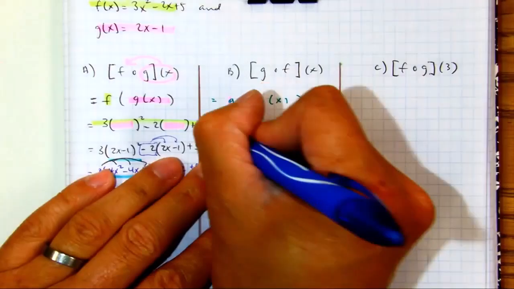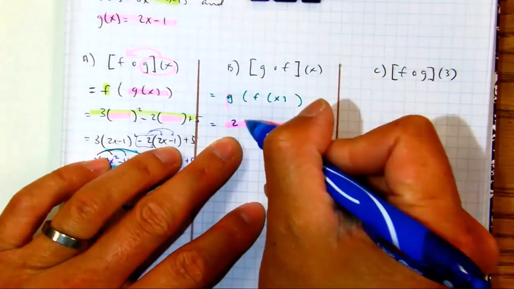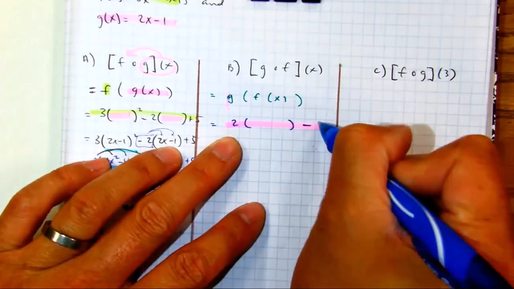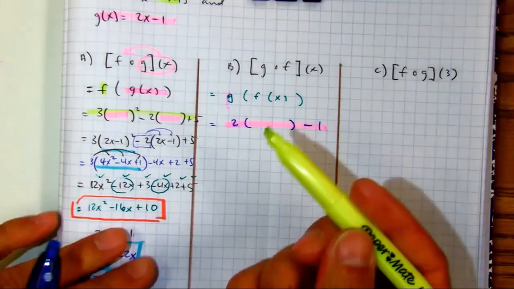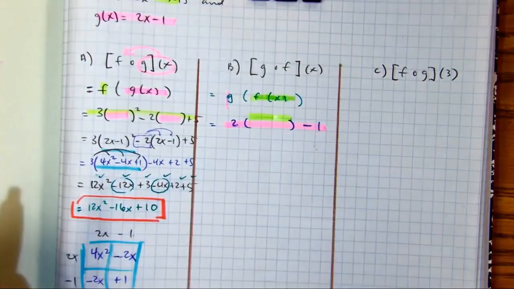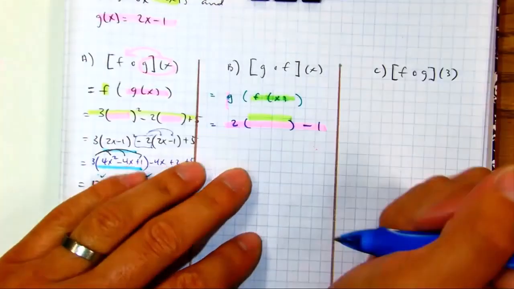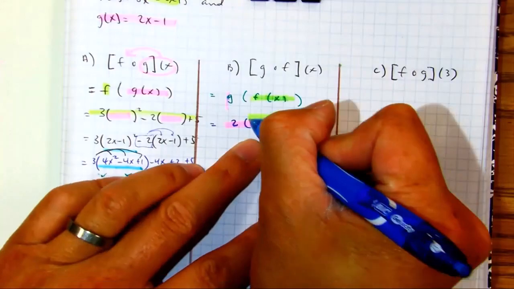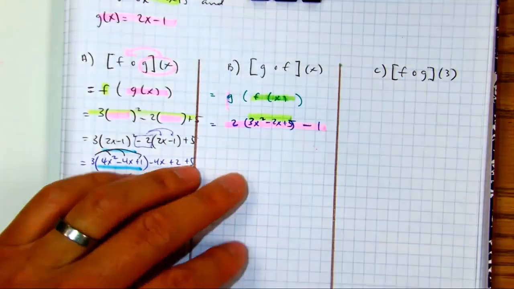Girls, what is the g function? 2x minus 1. And boys, what do I put in that parentheses there? Boys, what am I going to write there? What is f of x? 3x squared minus 2x plus 5. Boys, how would I simplify that?